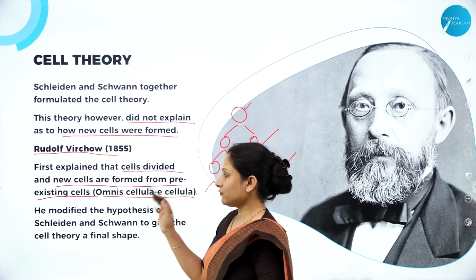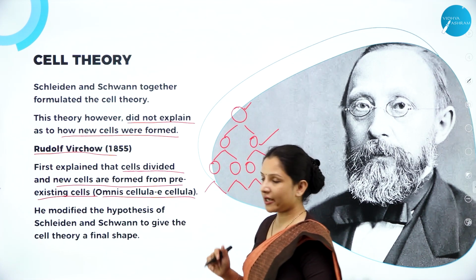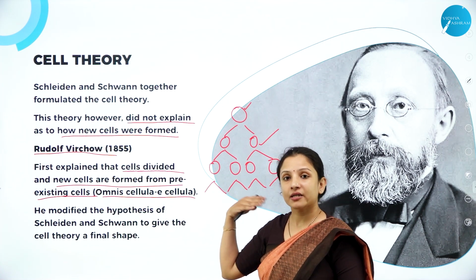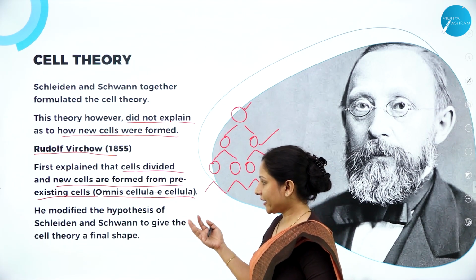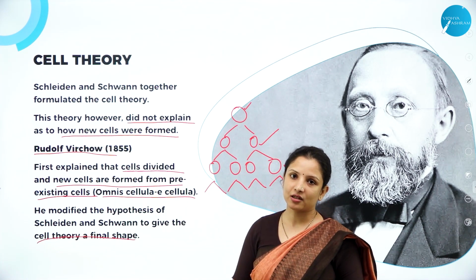Therefore, whatever cell theory was put forward earlier, he modified the hypothesis. Schleiden and Schwann put forward some hypothesis regarding the cell theory, but there was a loophole there. So he modified that, and he was the first person to give a final shape to the cell theory.